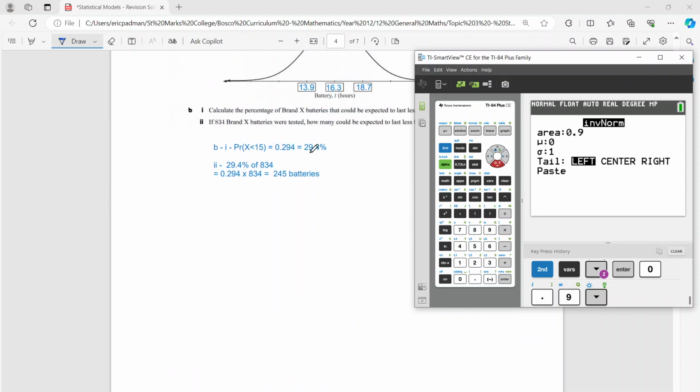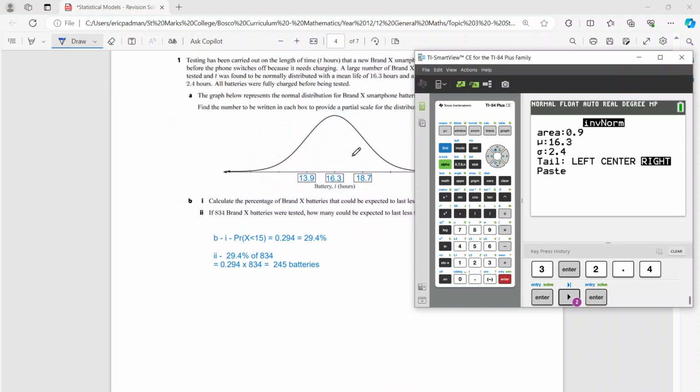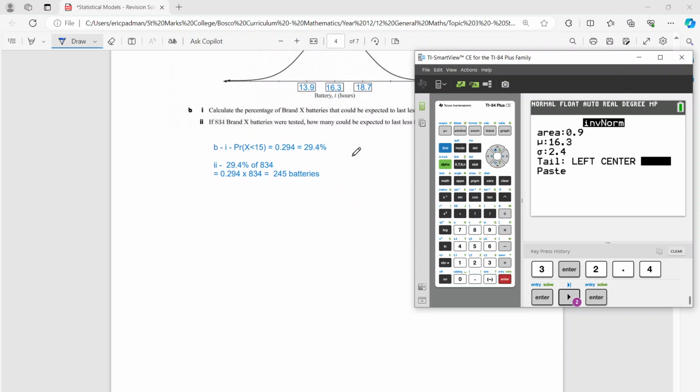What was it again? 13.9. Oops. No, it's not. It is 16.3 and 2.4. And this is a right tail. 2.4. Okay.